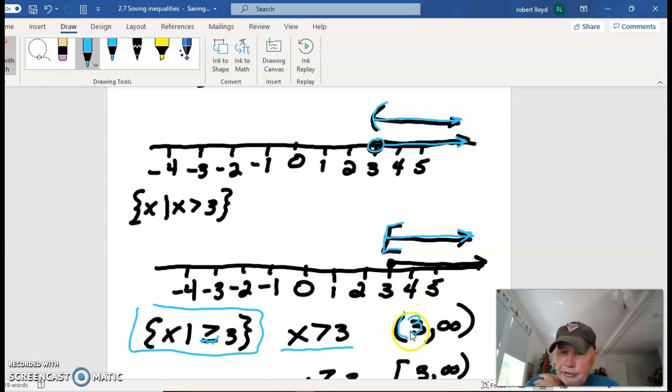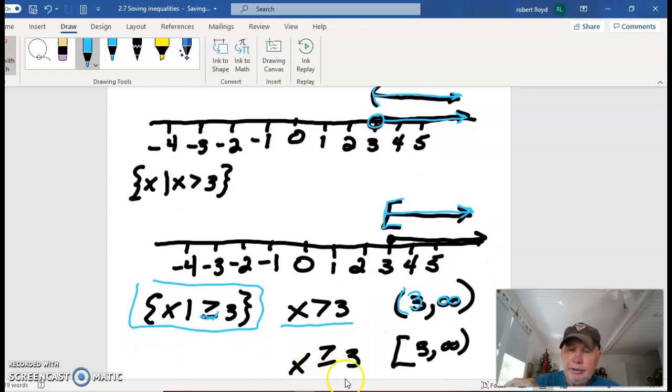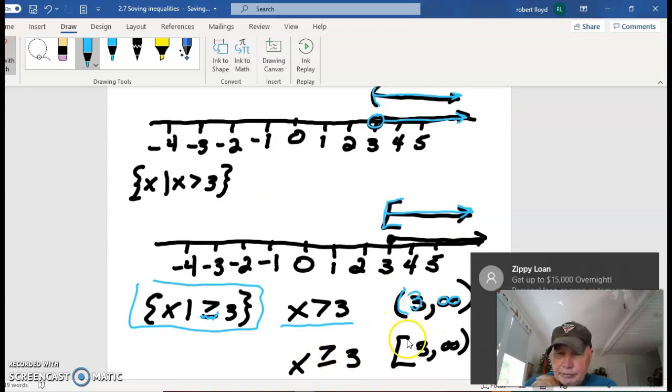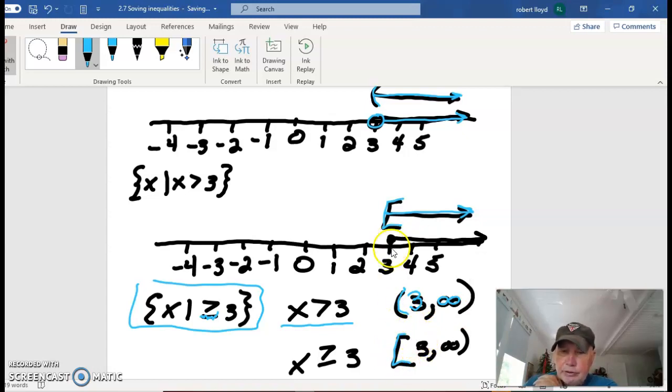It starts with a 3, and this is infinity, the symbol for infinity. Likewise, when we have x is greater than or equal to 3, the bracket in the interval notation indicates that the 3 is included. So again, we start with a 3, and it goes out to infinity.